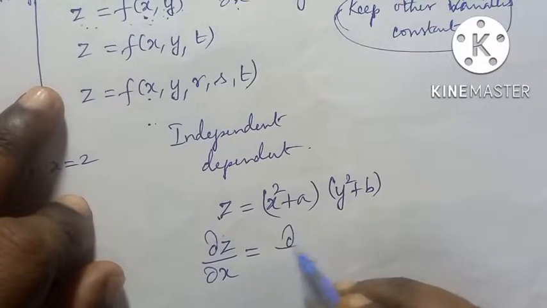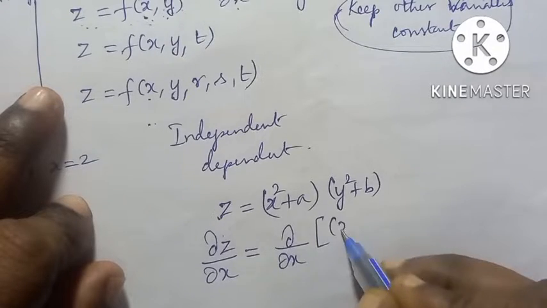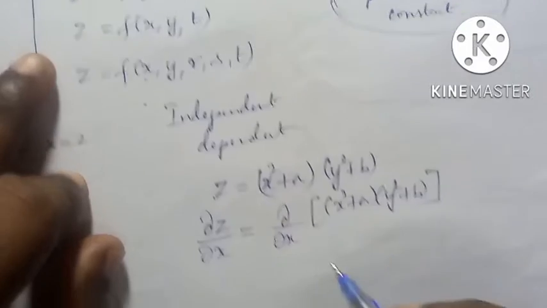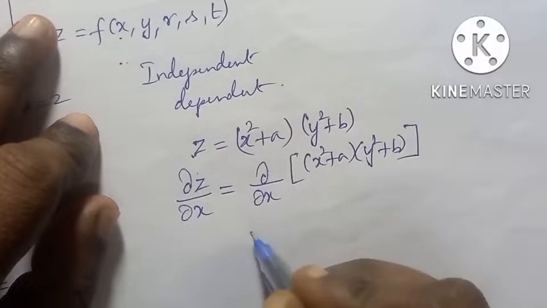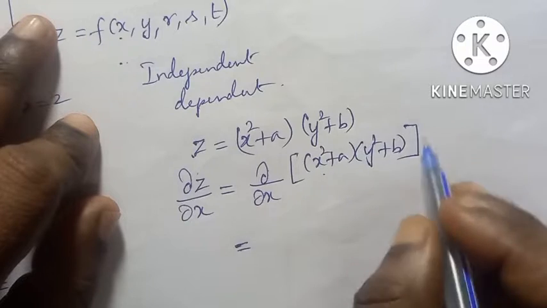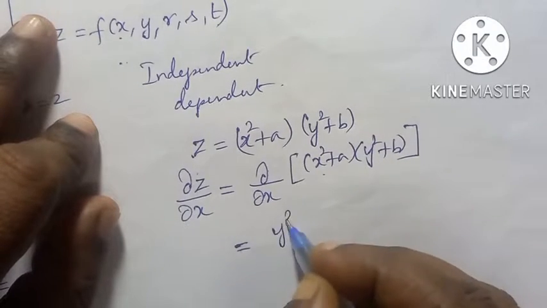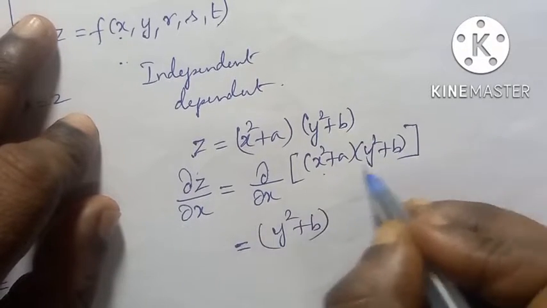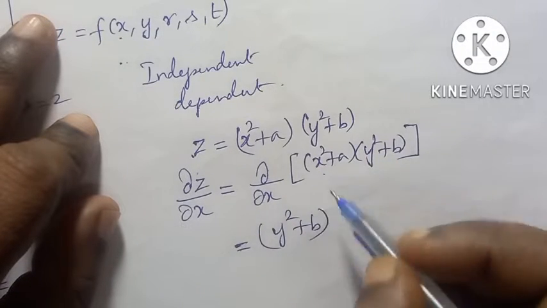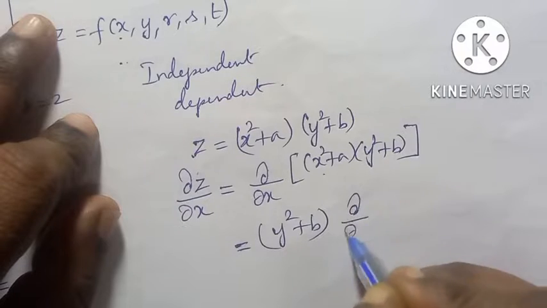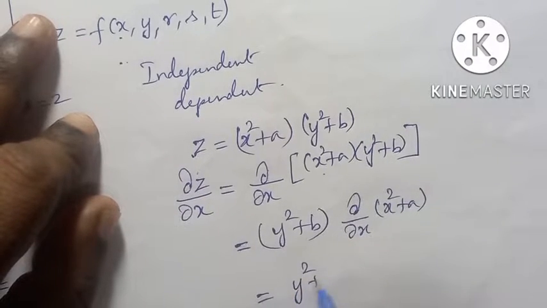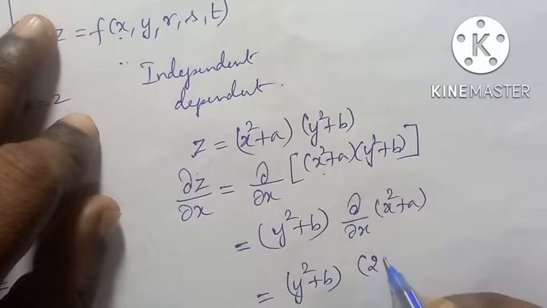Dou by dou x of x square plus a into y square plus b. Differentiate with respect to x partially. When you differentiate with respect to x partially, this y is constant. Take the term outside. Since it is a multiplication in between, you can take it outside. Now differentiate x square plus a, which is 2x, right? 2x.